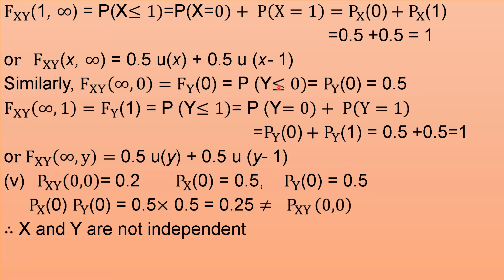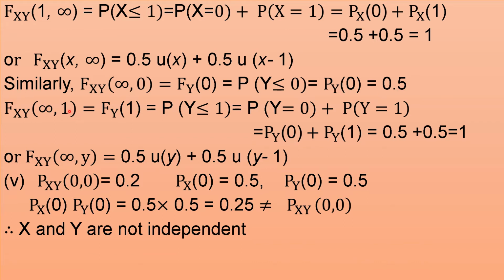There are no values for y less than 0, so the only possibility is equal to 0. With that y value, 0, you have to combine it with all the possible x values, which are 0 and 1. So x0, y0, x1, y0. So it is the same as py of 0, the sum of those probabilities, which is 0.5.